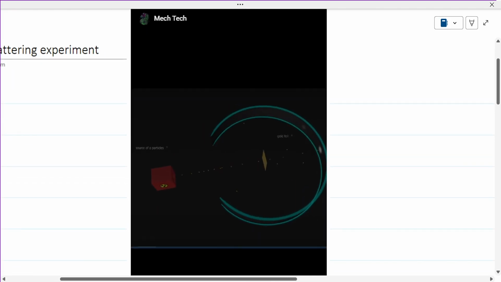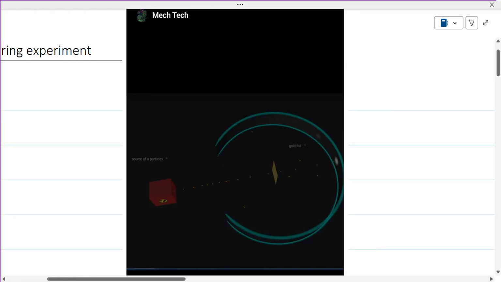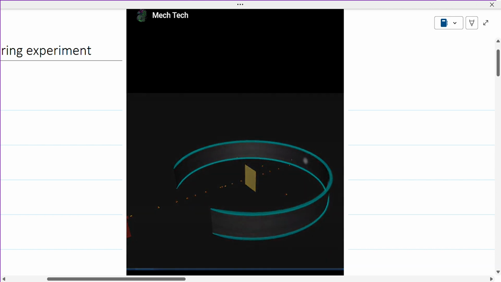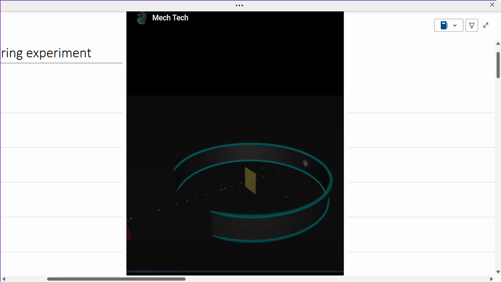Okay, so see, the alpha particles are being bombarded on a sheet which is basically gold foil. So on the gold foil they are hitting. The setup is basically placed in an evacuated chamber.